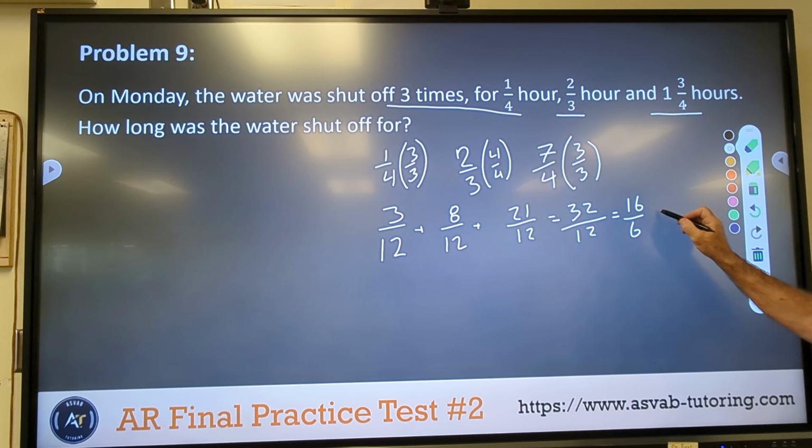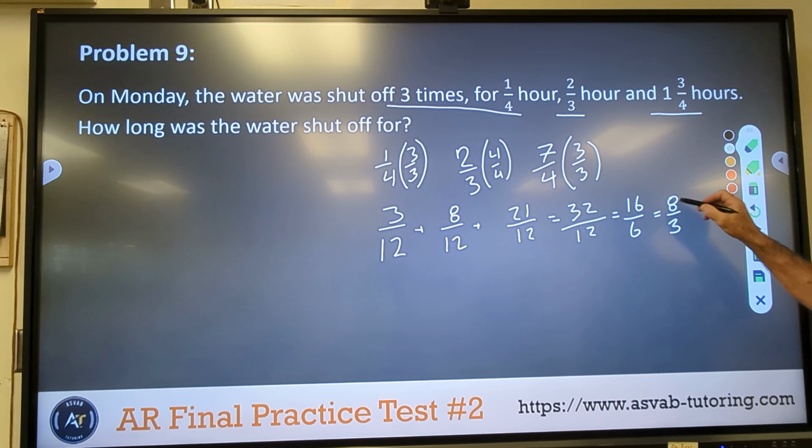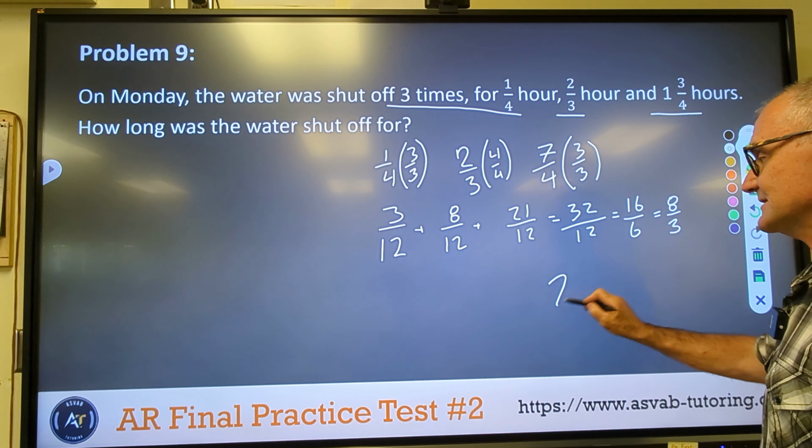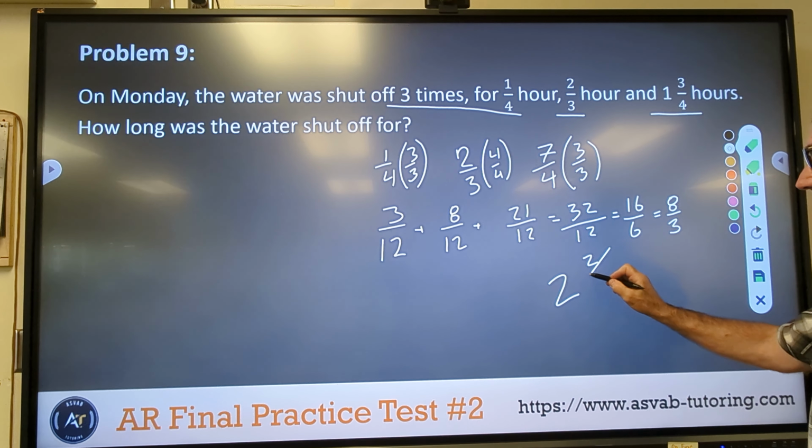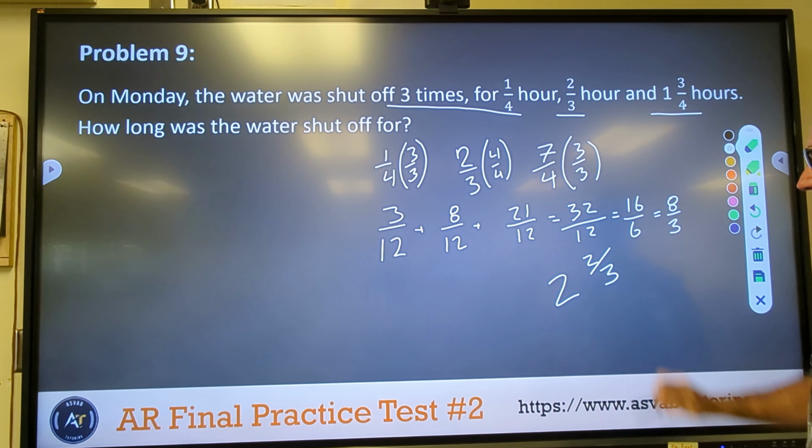I could cut them in half again. They're both even, to get 8 over 3. Now that I have 8/3, 3 goes into 8 twice. 3 times 2 is 6. 8 minus 6 is 2 with 2 left over. So I have 2 and 2/3.